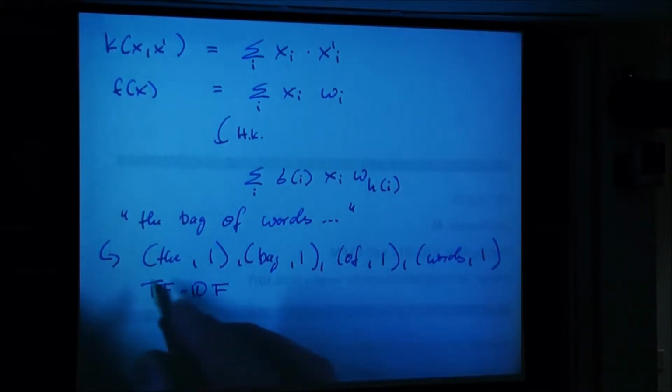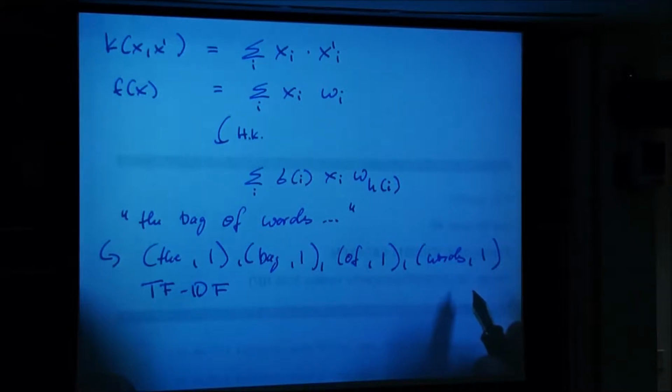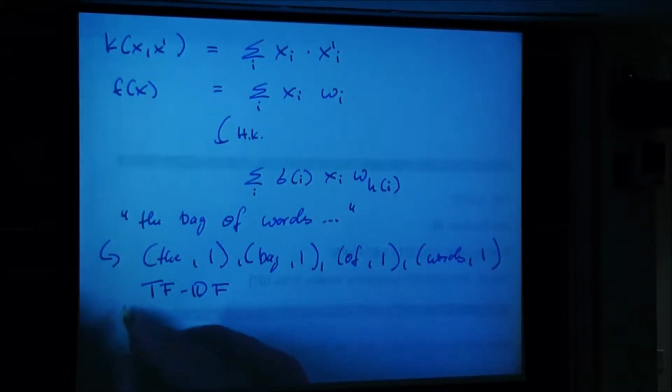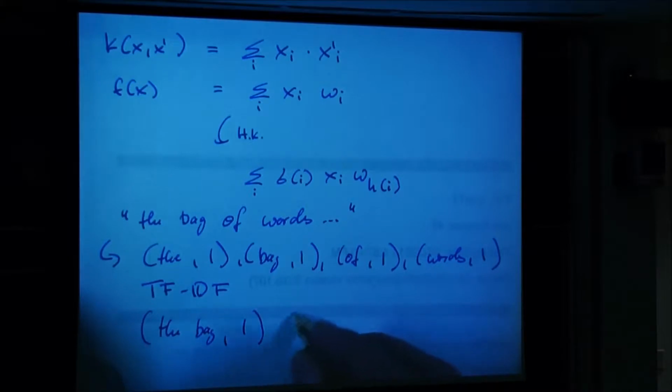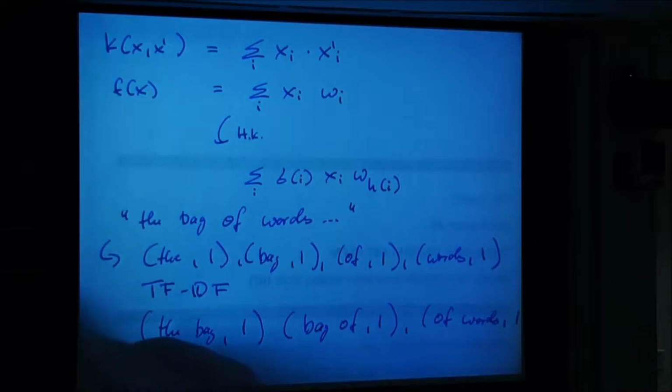But we all know this is kind of boring, right? Because this is not really very order specific. So what you could do is add things to it like the bag, comma 1, and bag of, and then of words, 1, and so these would be all the bigrams.